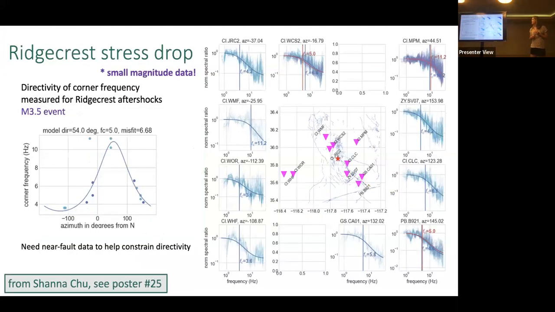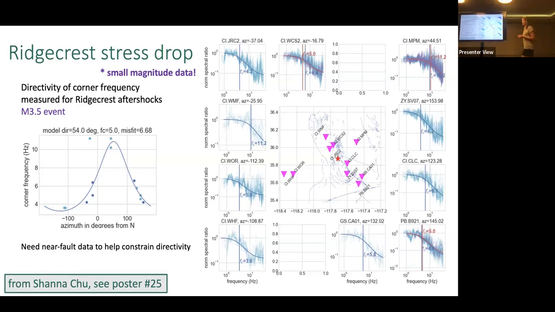stress drop study. Zooming in on one particular event, this is from Shanna Chu's poster. Again, you can check that out in the next few days, poster 25. This is looking at one magnitude 3.5 event that occurred here along the main shock fault plane, recorded on these stations, and she's looking at how the corner frequency and the spectral ratios vary around this event.